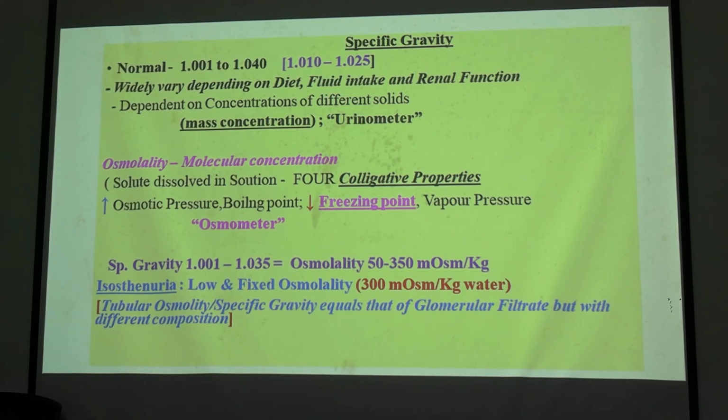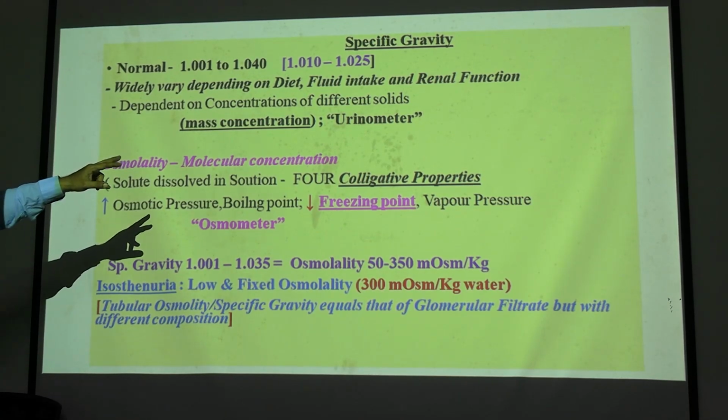In a normal individual, if you take an adequate amount of water, it can come down to 1.001. This will be almost just like water. Everything is dilute. Now if you take concentrate, if you do not take water, that much solute will be there in the urine. The solid load will be increased, so specific gravity will be high.